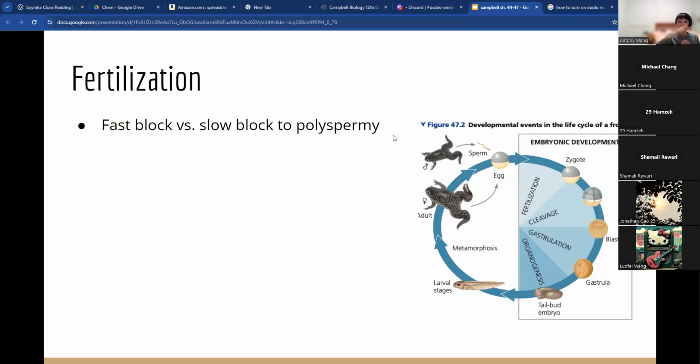Now you have an egg that has a cell membrane and then a hard calcium shell almost. And then inside are the sperm and the egg nuclei. And now even if a sperm were to randomly wander into the egg, it would get blocked by the hard layer, right? And that's a slow block to polyspermy.